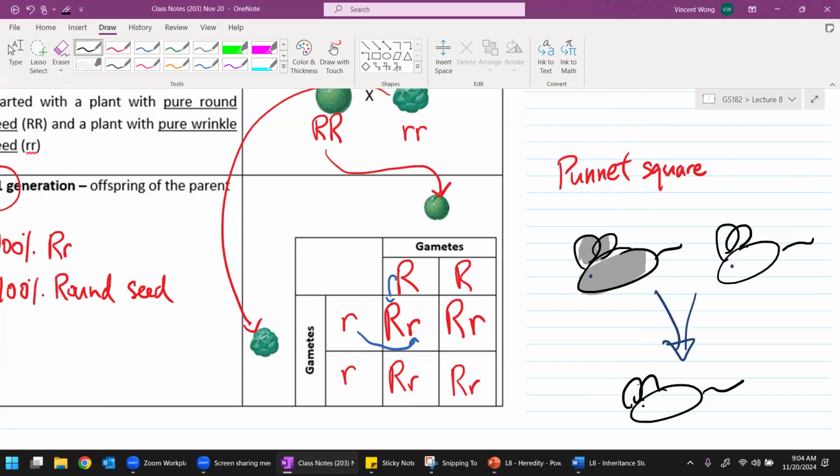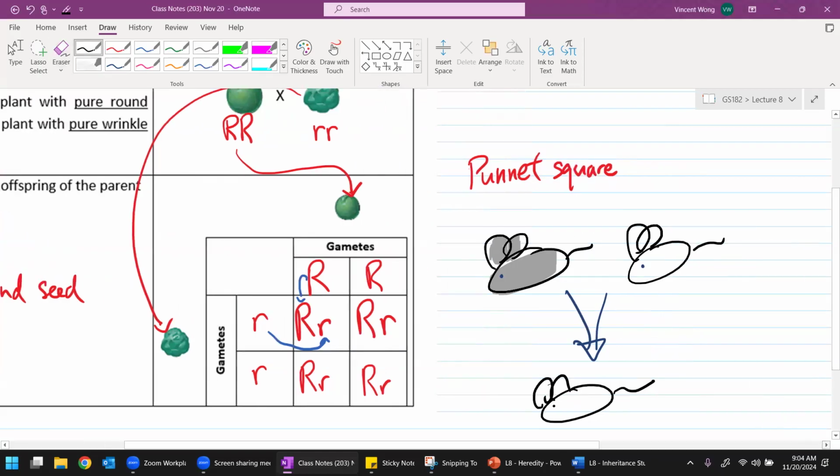You start with two individuals who are pure, and then you cross them. Okay, the parents have to be pure for this to work. Otherwise, it's not going to work necessarily.